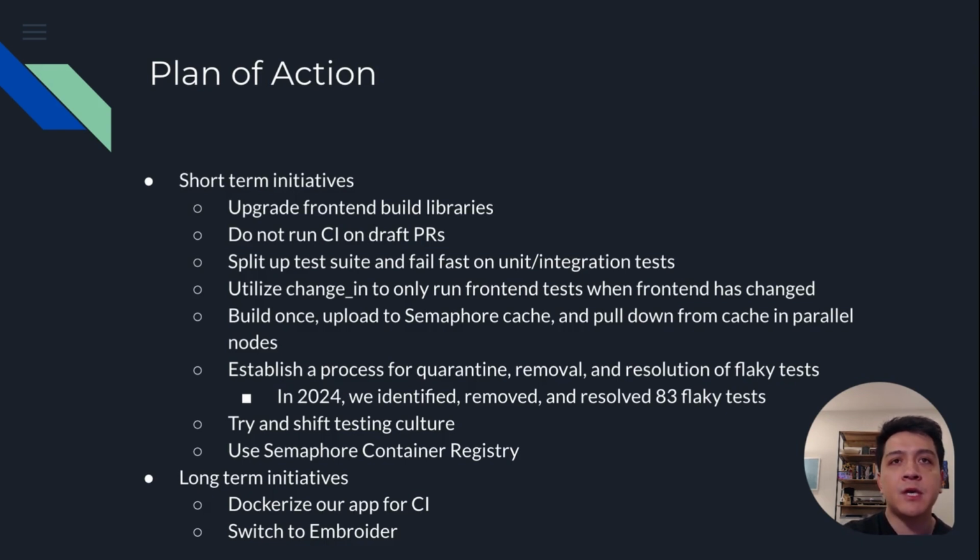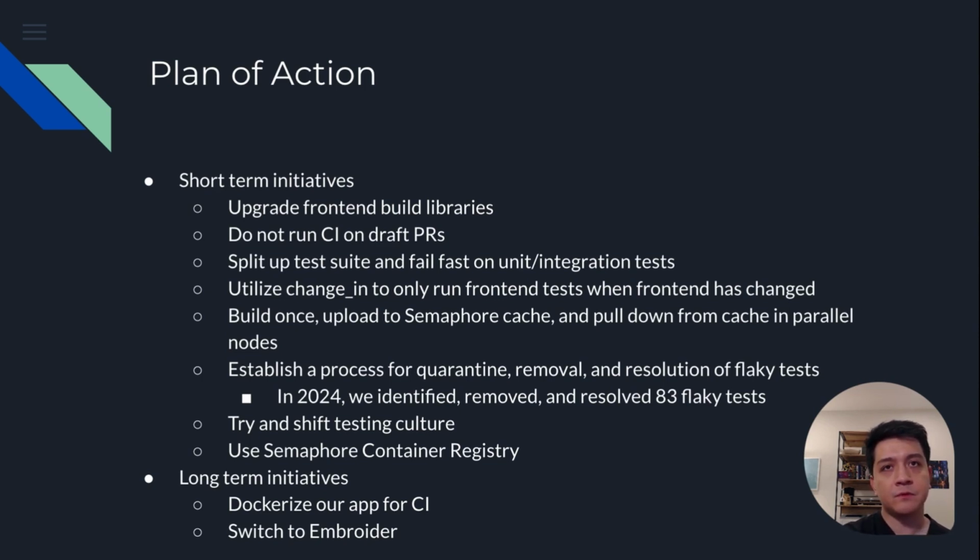We also utilize the change-in feature in Semaphore to only run front-end tests when the front-end has changed. Thankfully, our file structure has a separate front-end directory, and that's where all of our front-end code lives.